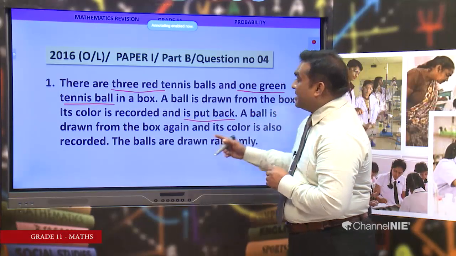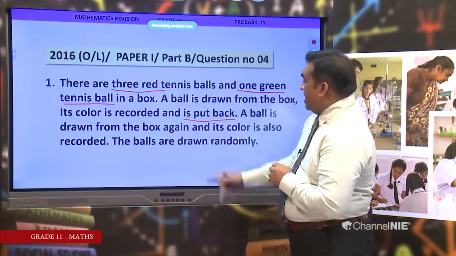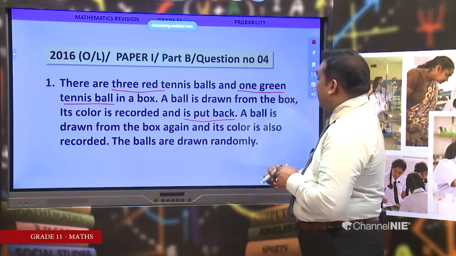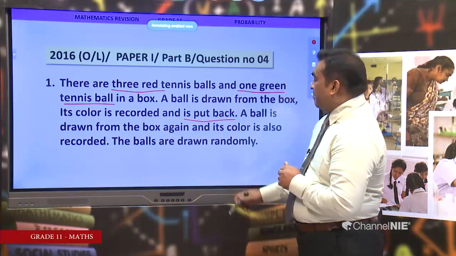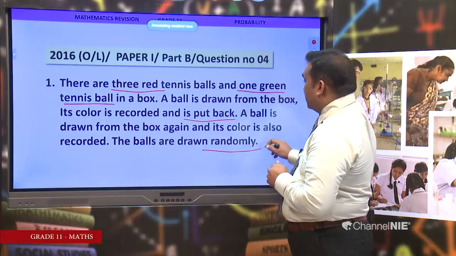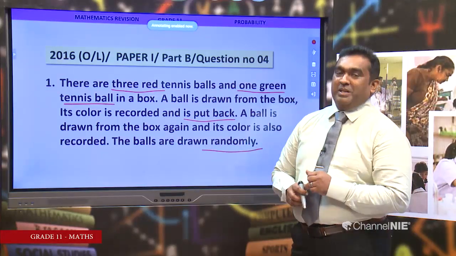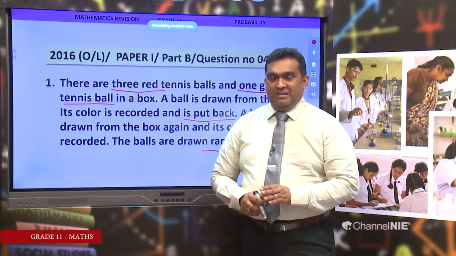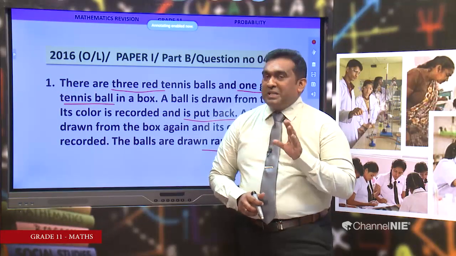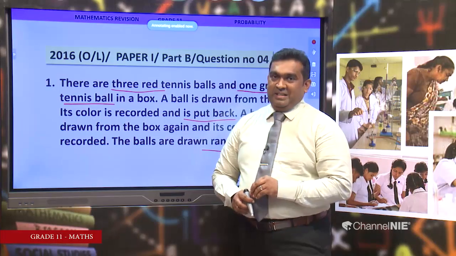A ball is drawn from the box again and its color is also recorded. The balls are drawn randomly. This is a random experiment. You know the properties of a random experiment.